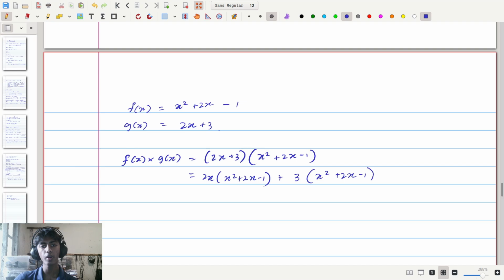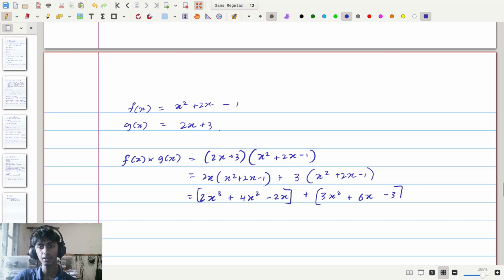Now distributing the 2x among the first bracket, 2x times x squared is 2x cubed, plus 2x times 2x is 4x squared, and then 2x times negative 1 is negative 2x. So that's the first bracket solved, plus 3 times the second bracket. So 3 times x squared is 3x squared, plus 3 times 2x is 6x, and 3 times negative 1 is negative 3.